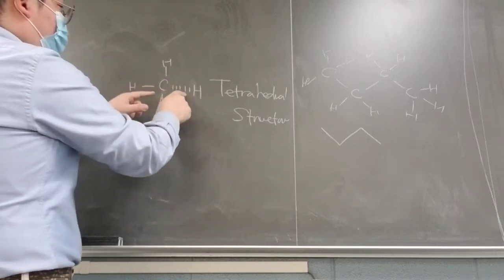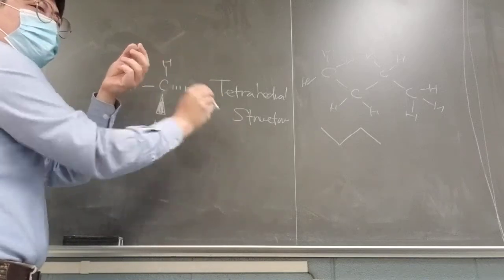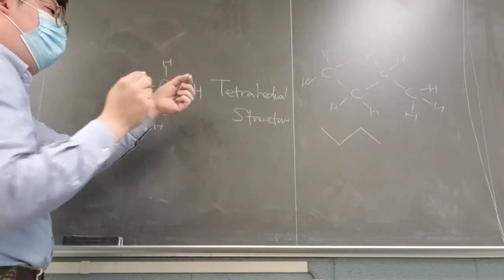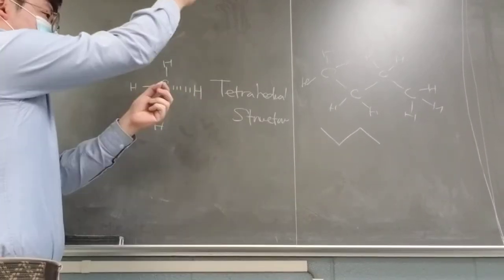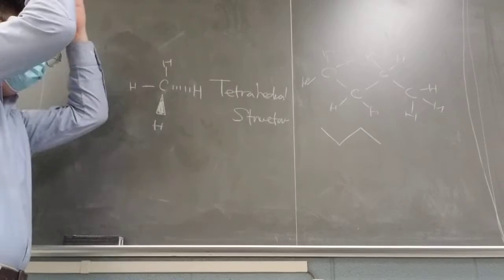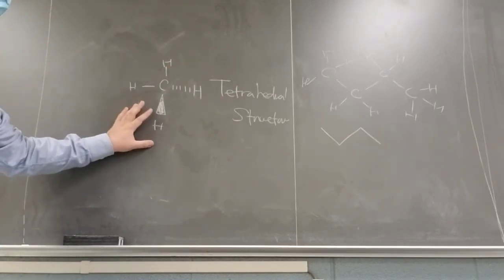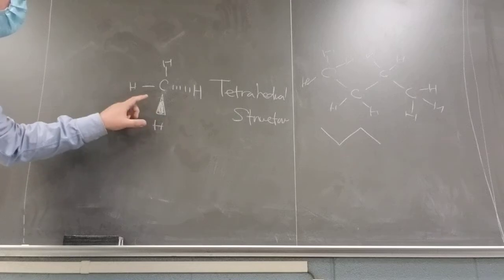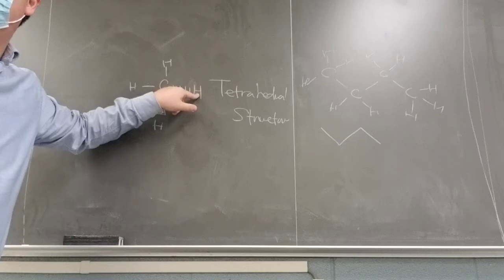It's not on the plane, it's going this way, while the wedge is going this way, and those are in the same plane of the blackboard. So this is how we can present these structures in 3D using wedge and dashed lines. Makes sense, right? Okay, perfect.